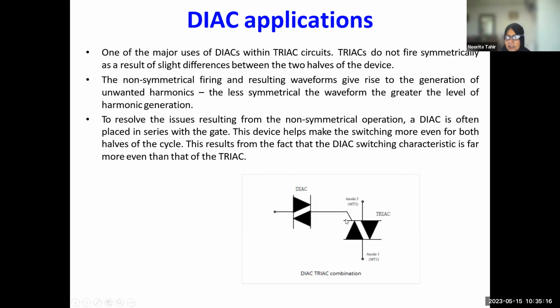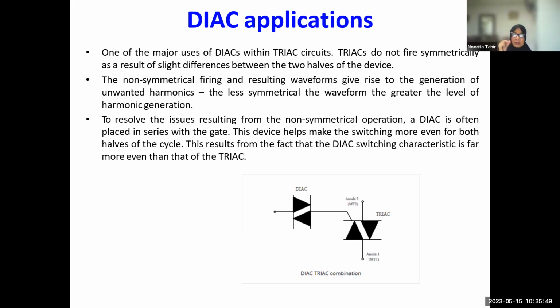The non-symmetrical firing will give rise to unwanted harmonics, and the diac can reduce the harmonic effect. It is not setting the harmonics to zero, but it can reduce them. The less symmetrical the waveform, the more harmonics; the more symmetrical, the fewer harmonics occur.